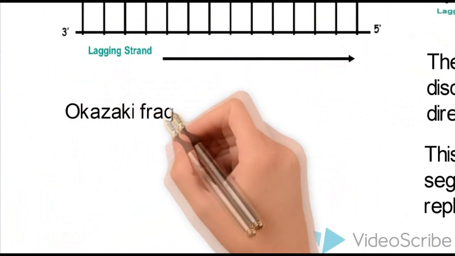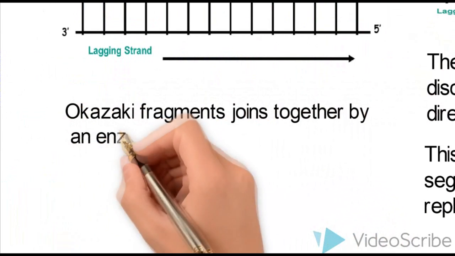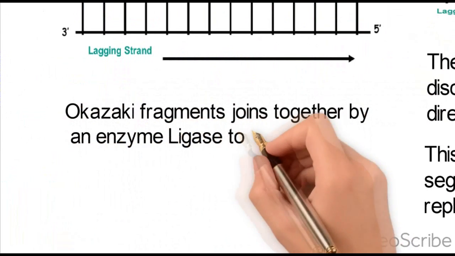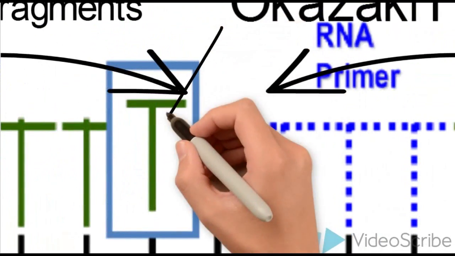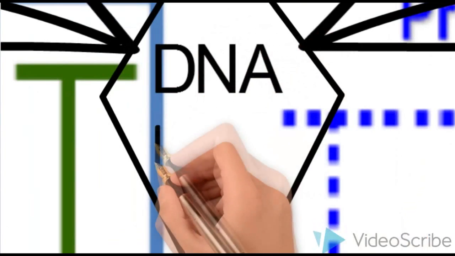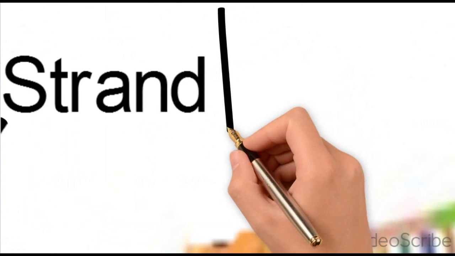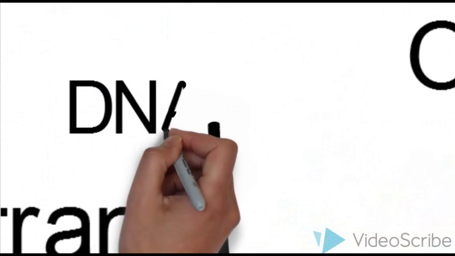Okazaki fragments are joined together by an enzyme, ligase, to make one strand. So here it's joining Okazaki fragments via enzymes like DNA ligase. Let's draw it in a big illustration. So this is DNA ligase.